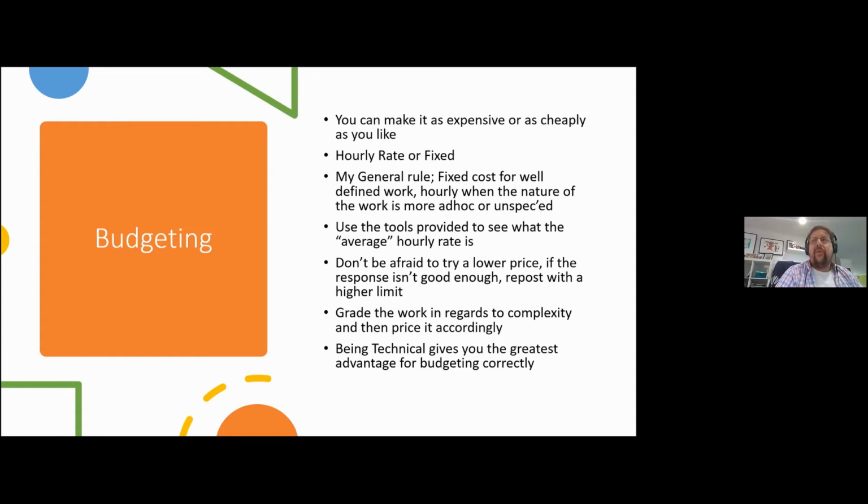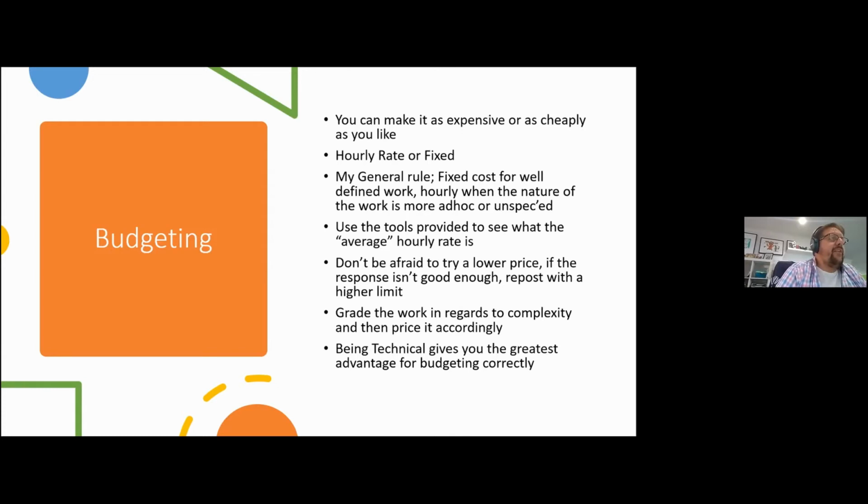The key, I think, is finding what your budget is for the nature of the work that you want to do. If you consider it critical, then you might want to increase the budget to find maybe a better type of developer out there. If it's something that is relatively straightforward, you might want to decrease it. Again, it's a big part of you being a technical person, realizing that this is a slider that you can slide.